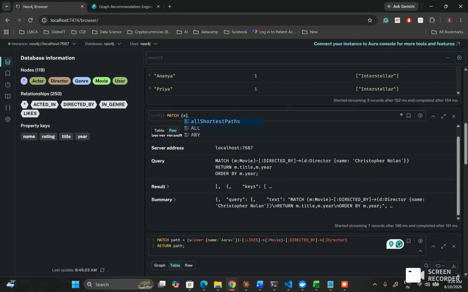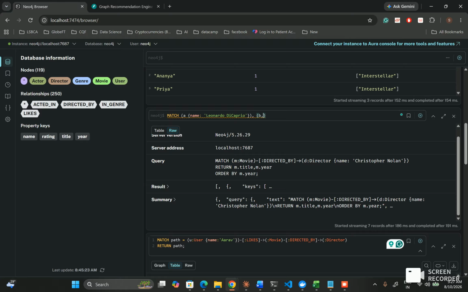Match a name. Let's take an actor name over here, Leonardo DiCaprio. Again, these are case sensitive. If I typed anything in lowercase, it won't work.